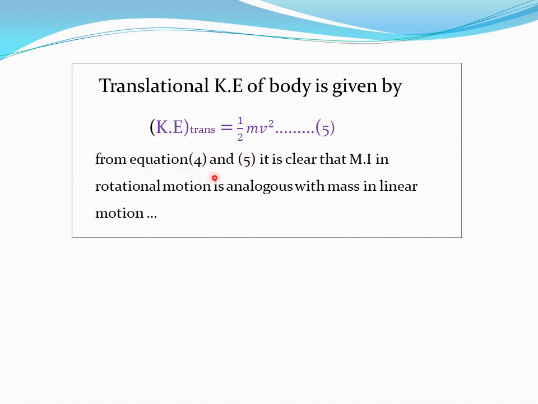So from equations 4 and 5, it is clear that moment of inertia in rotational motion is analogous to mass in linear motion. So see here, this mass m is analogous with I, that is moment of inertia. This is the relation between moment of inertia and mass of linear motion.